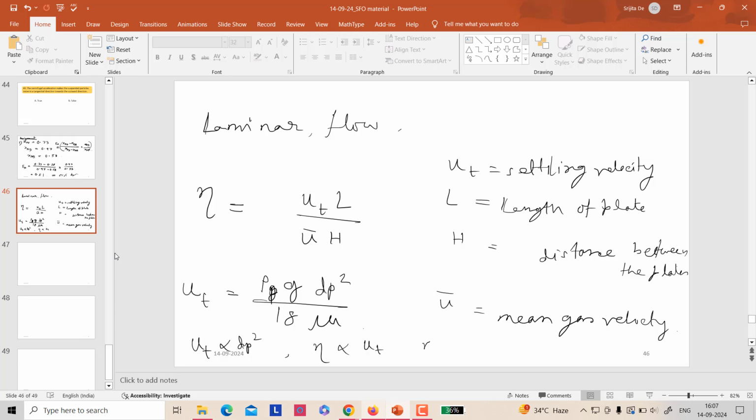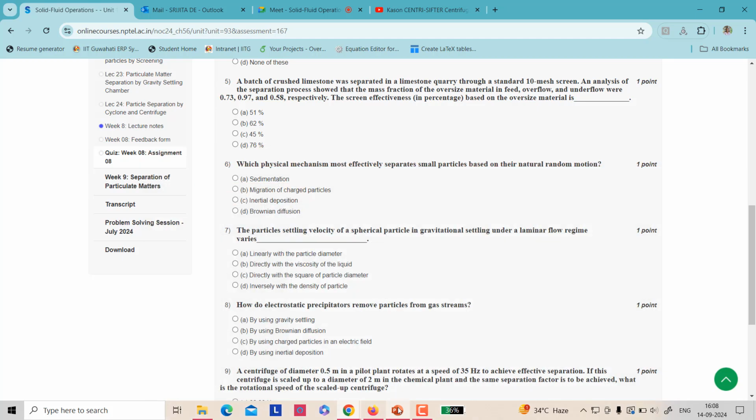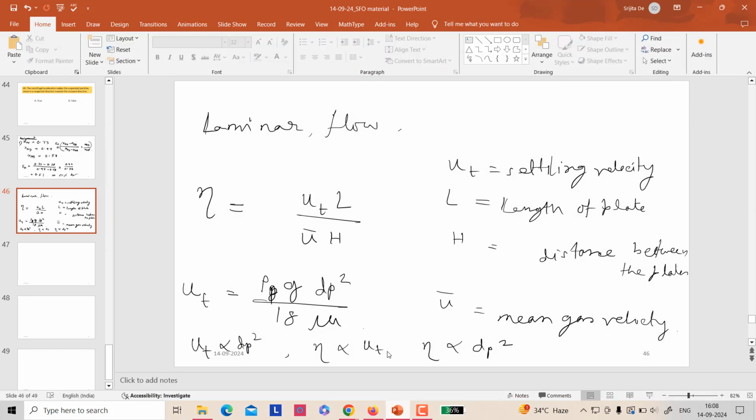That means eta is proportional to dp square only. But the question is not about efficiency, it is just the particle settling velocity, which is directly proportional to dp square. So you don't need to look into this; if you remember this formula, you can remember that UT is proportional to dp square.